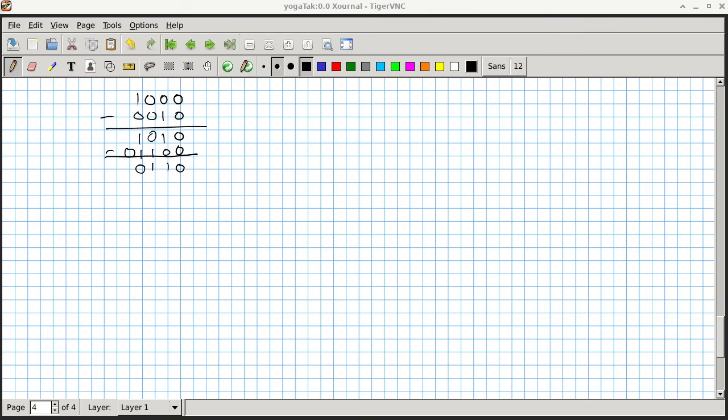Because T4 is a 0, the conclusion is VU of x, which is 1, 0, 0, 0, is 0 plus 0 plus 0 plus 8. So that is an 8 being less than VU of y, which is 0, 0, 1, 0, which is a 2. That is false. Okay, very good.